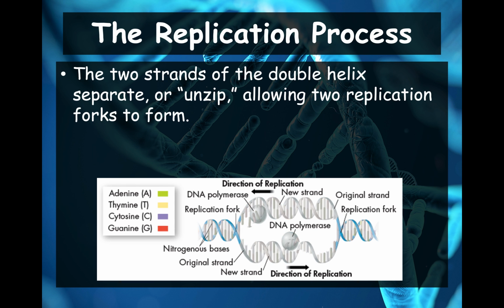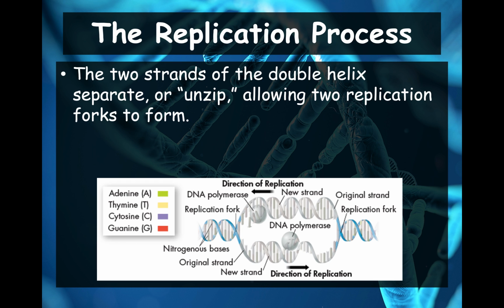So the two strands of the double helix separate or unzip. If you think of it like a zipper, it actually makes sense really well, because if you think of the DNA together as one thing, it is the zipper completely zipped up, and then as you unzip it, you get two complementary strands.